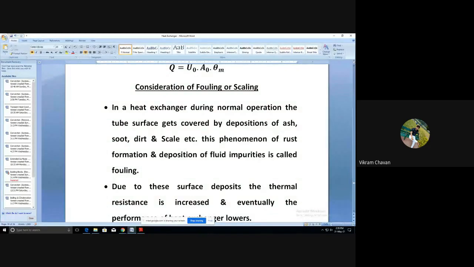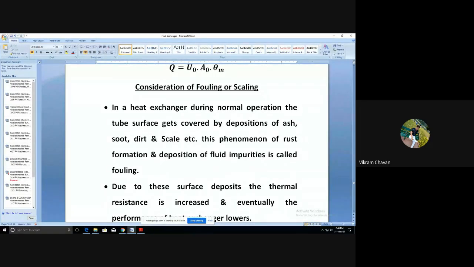So in that case we have to formulate an equivalent heat transfer coefficient for that particular scale. We have to consider the equivalent heat transfer coefficient for that scale.